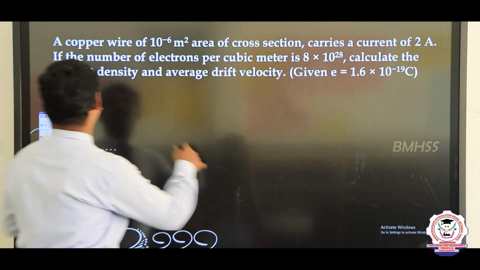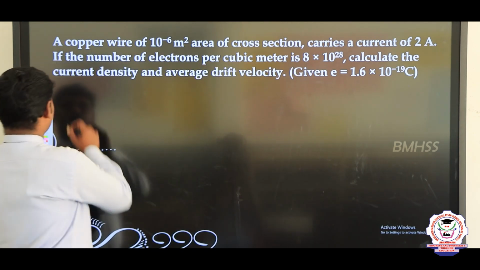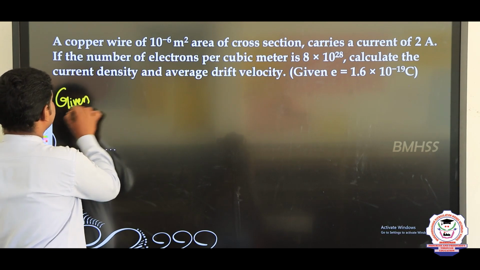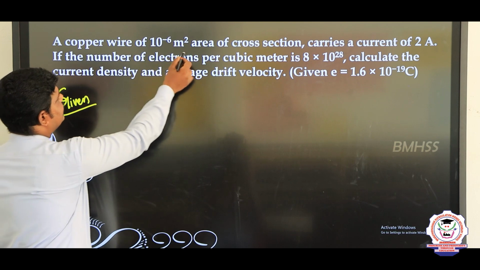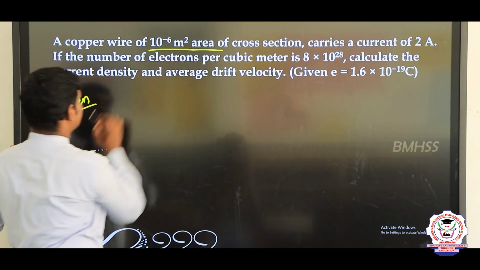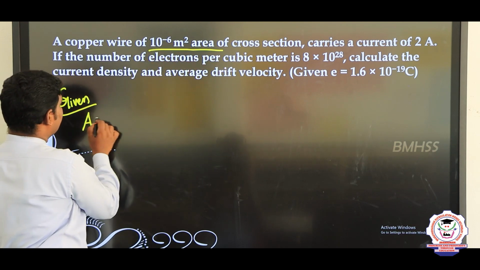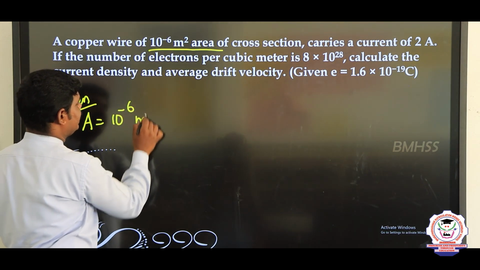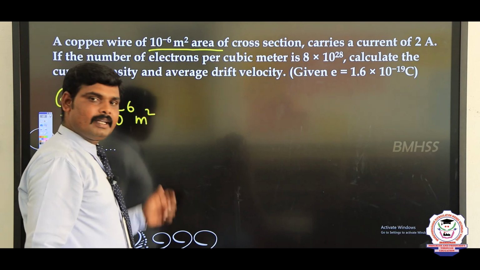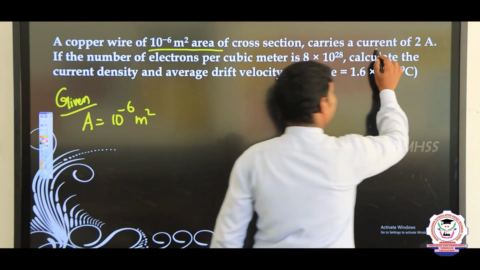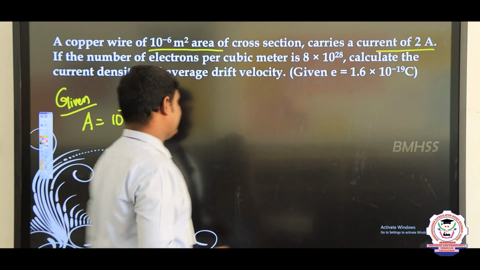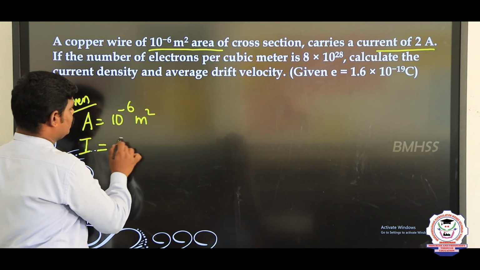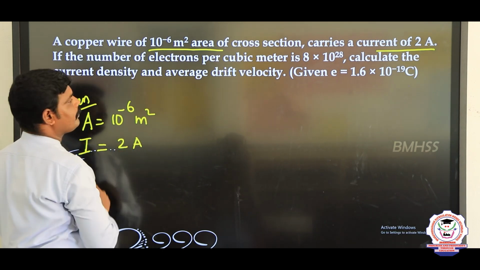So what are the given data? First you write the given data. Area A is equal to 10 to the power minus 6 meter square. Current I is equal to 2 ampere.